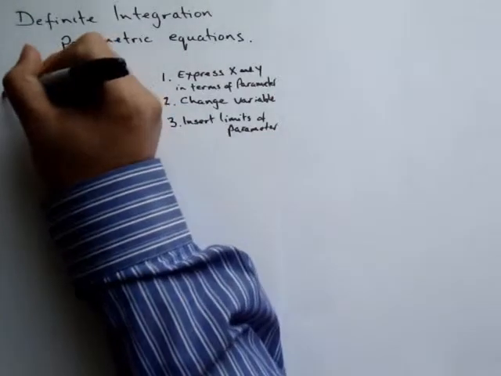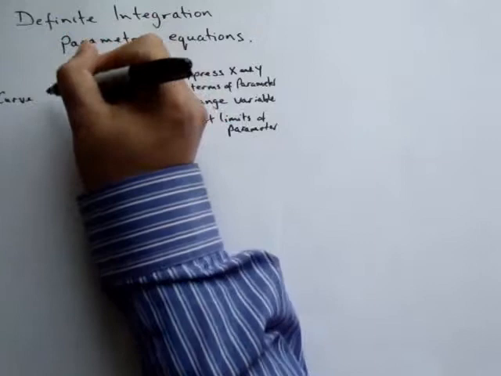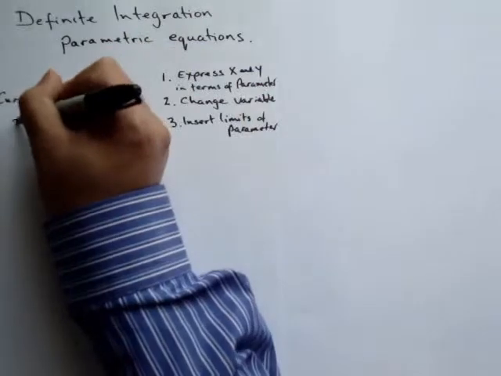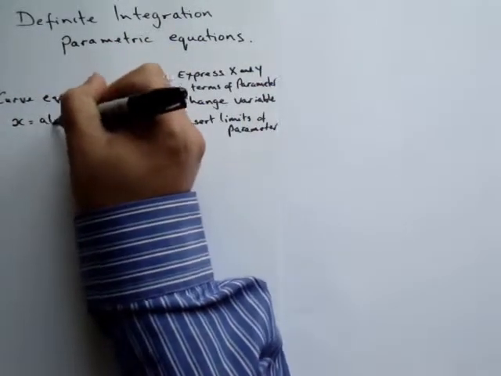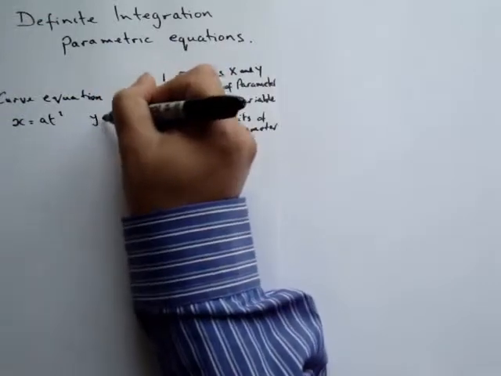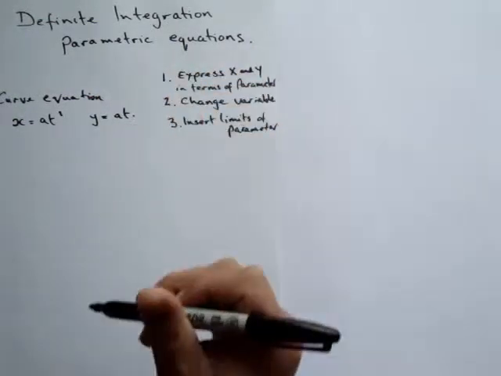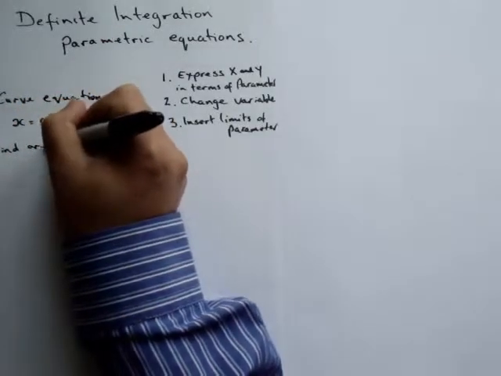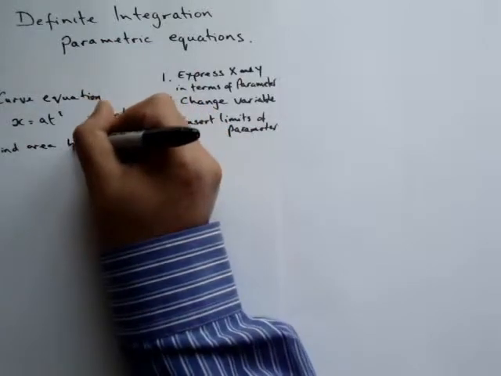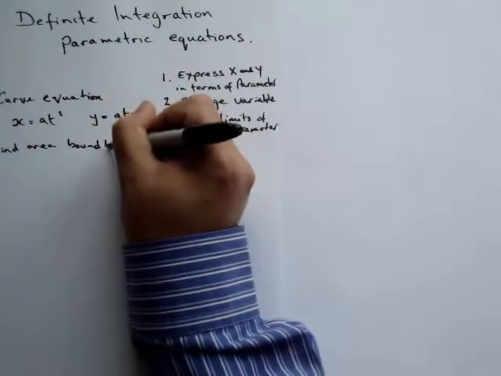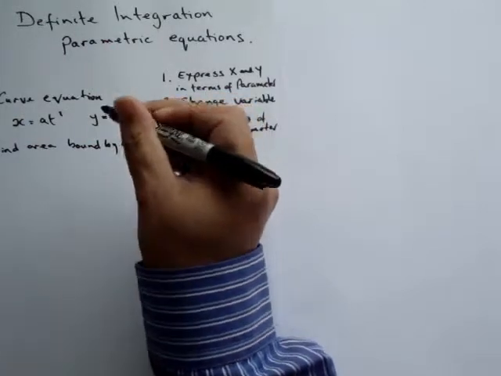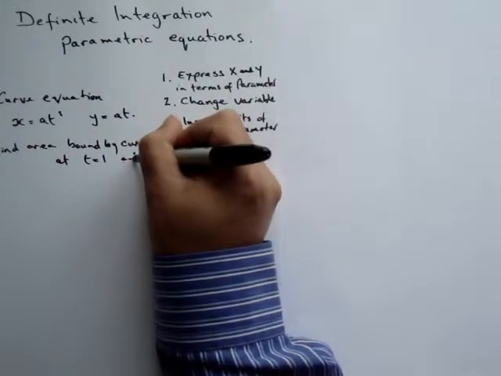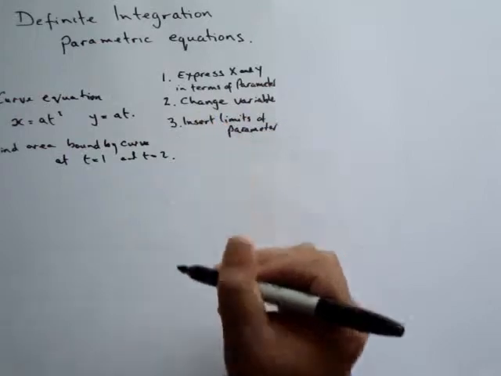So if we have a curve and the parametric equations are x equals at squared and y equals 2at, and we are asked to find the area bounded by the curve at t equals 1 and t equals 2.